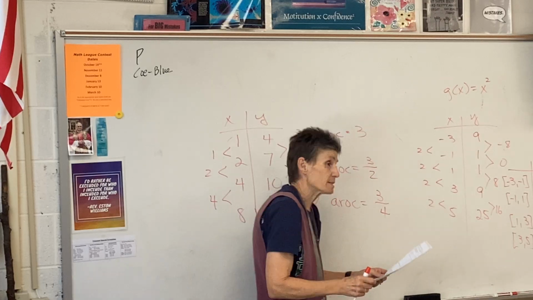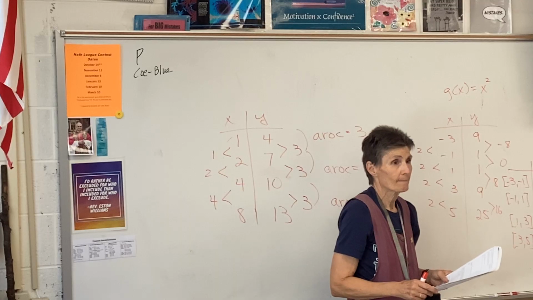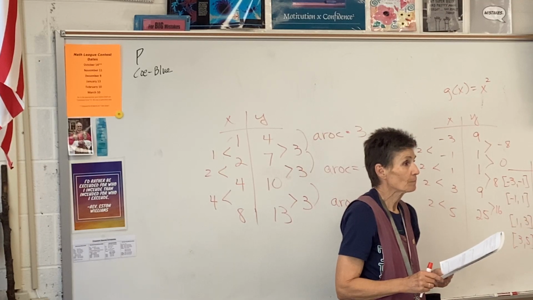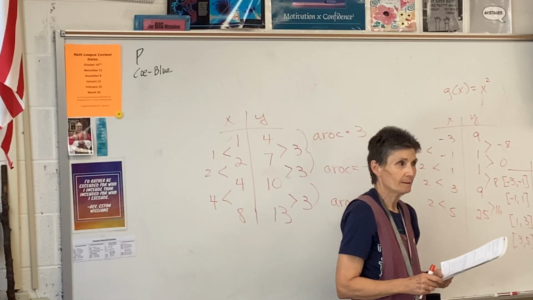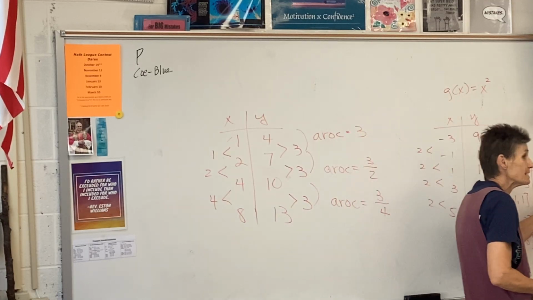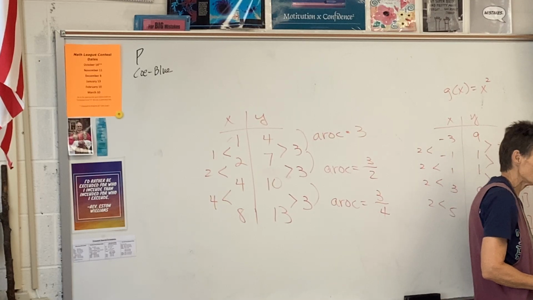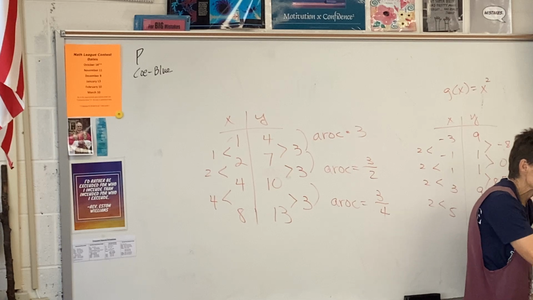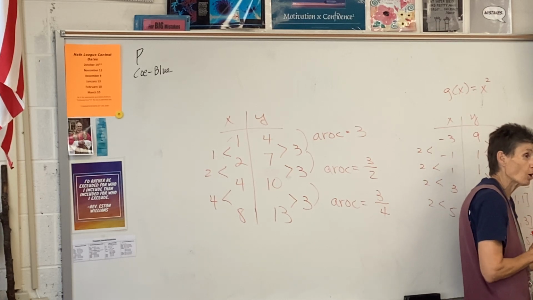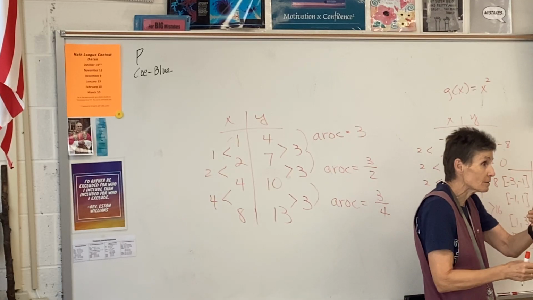What do you notice about those average rates of change? They're all like 4 apart, right? So in other words, these numbers, the average rates of change, are linear. The average rates of change are going up by the same amount, 4 apart.